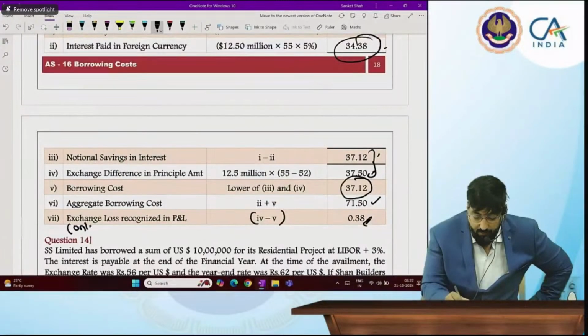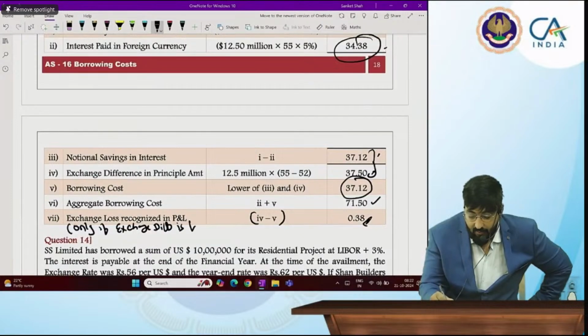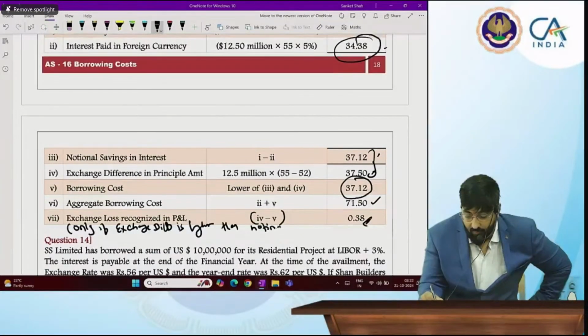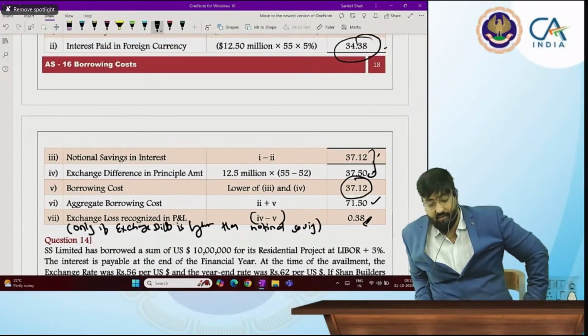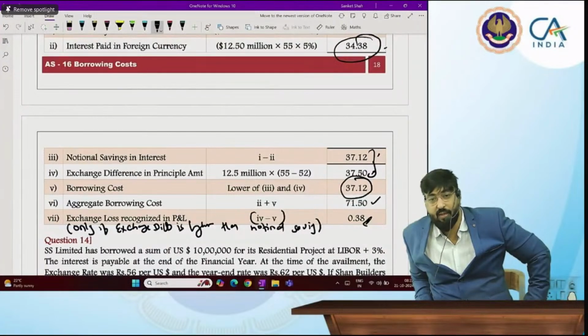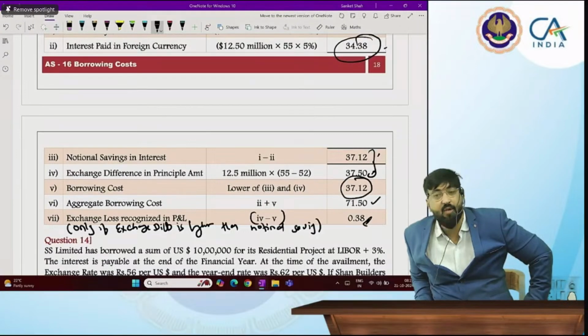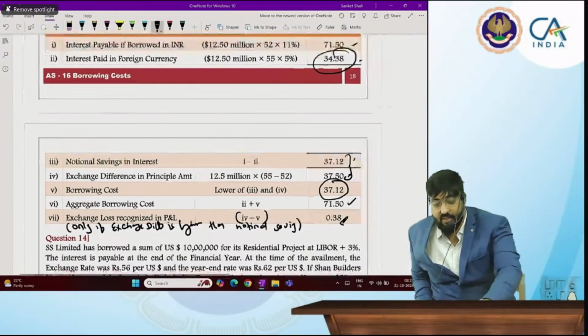Only if exchange difference is higher than notional saving, then only put it in P&L. Otherwise zero will be in P&L. If notional saving is higher, P&L is zero. What the concept? Exam presentation.